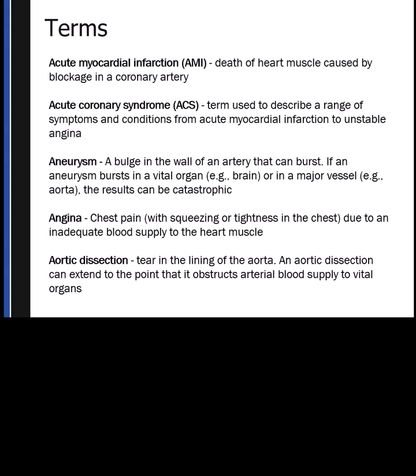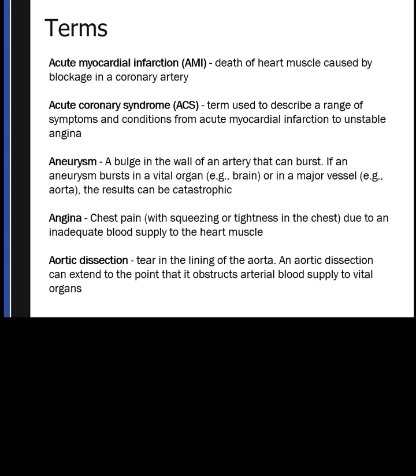So we can have an aneurysm in the thorax. But more commonly, if we get an aneurysm, it's going to be down in the abdominal area. We'll specifically talk about aneurysms, triple A's, a little bit later in the semester.